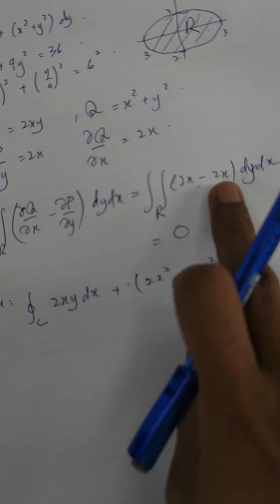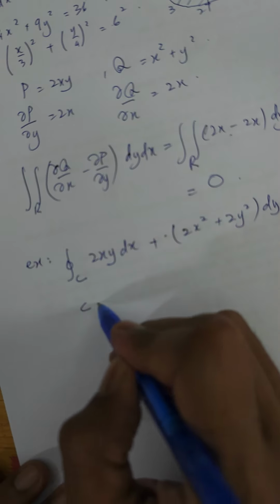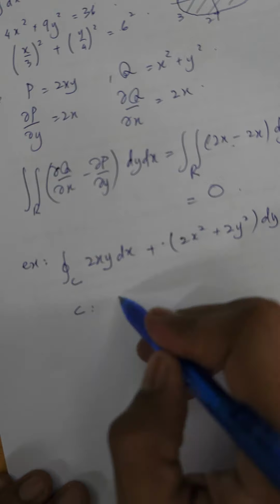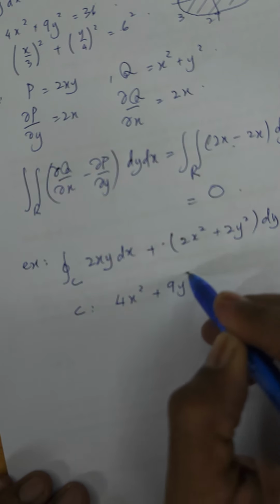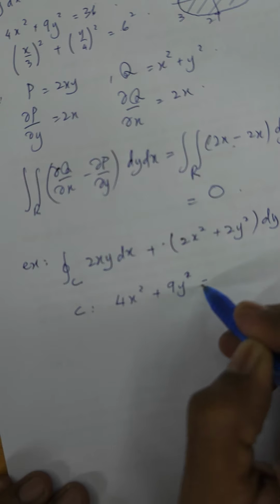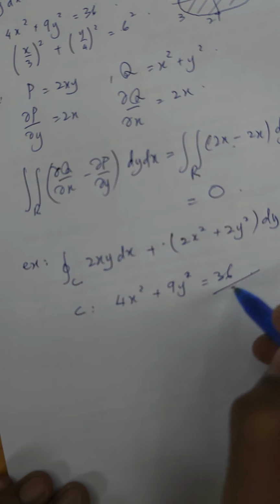So that you do not get 0 here, where our C is the same curve, 4x squared plus 9y squared equals 36. Try this as an exercise.